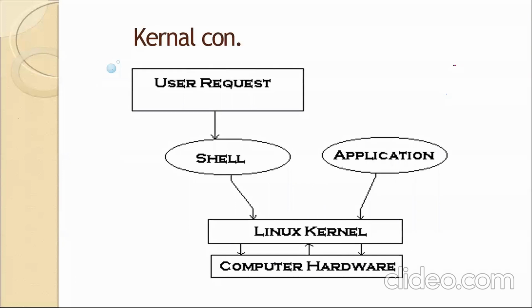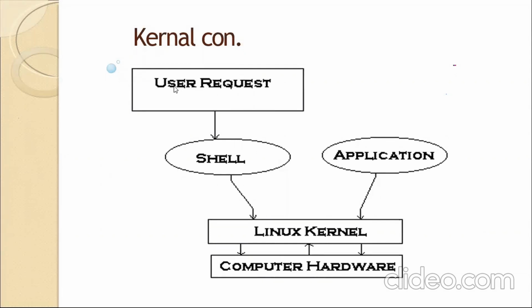Okay. So the user request is given to the shell, then it will be given to the Linux kernel, and then here it is specified what operation you want to perform, and here is your computer hardware. So the shell is an interface between the user and the Linux kernel.